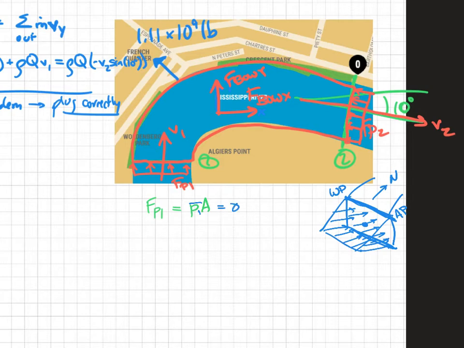So it's going to be gamma times h bar times A. For P1, h bar is 120 feet deep, so this is going to be 120 feet divided by 2. And then our area is going to be 120 feet times 6. How wide is this? 180 feet, I think. Yeah.